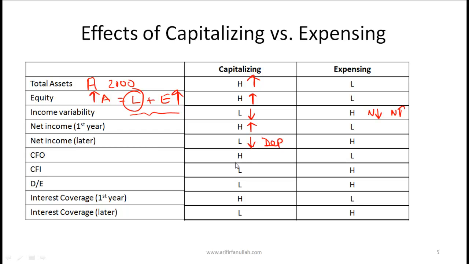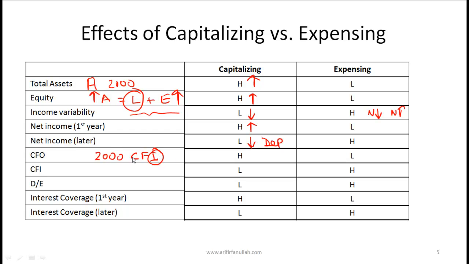The cash flow from operations is higher for the capitalizing firm, and this is a common question. Why is it higher? Let's say that the capitalizing firm bought this asset for $2,000, so that $2,000 is shown as a cash outflow in the investing section of the cash flow statement.